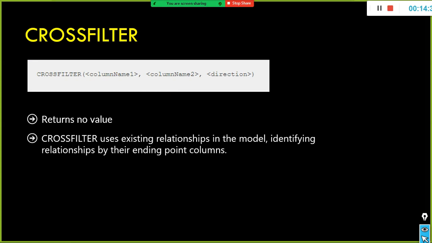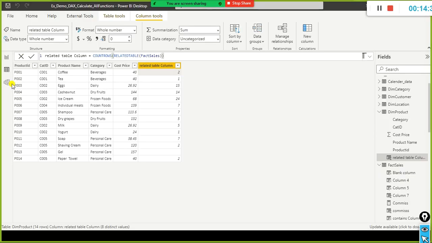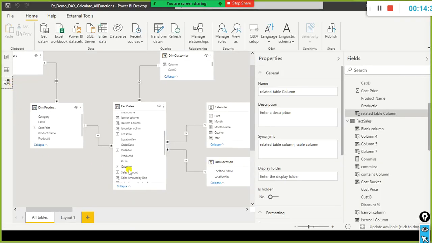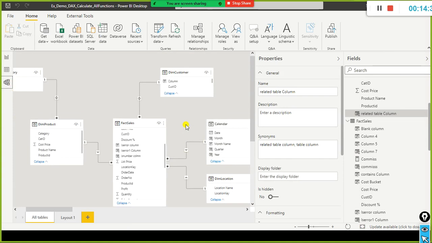Supposing I just go back here, to the data model. For example, I want to filter the customer by the product dimension. So what will happen? There is no relationship between these two tables, right? The relationships are flowing from here to here, and it is a unidirectional relationship.